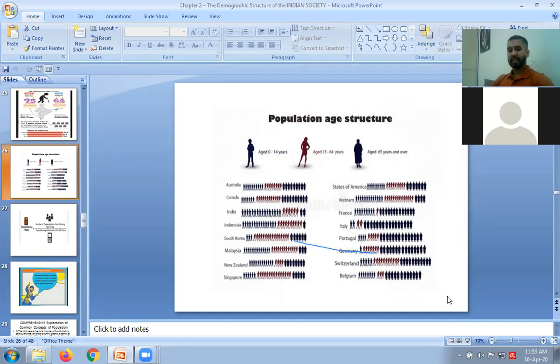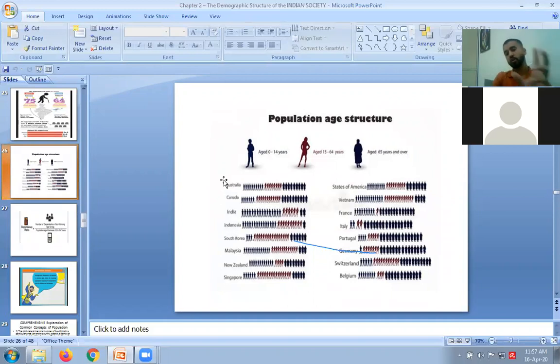Then the second age group, right from 15 to 64. Then after that, we have the elder population, who are aged above 65. So we have got three groups that tell us about the population age structure of our country, right?